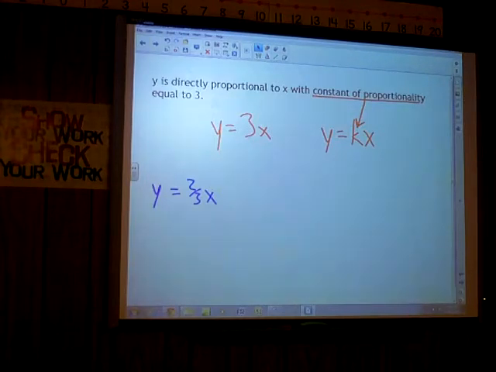So if x is getting bigger and bigger, y should be getting bigger and bigger. And again, we're talking about magnitude. It is possible to have negatives, okay? But the idea here is the magnitude, or the absolute value, is going to get bigger and bigger, okay?